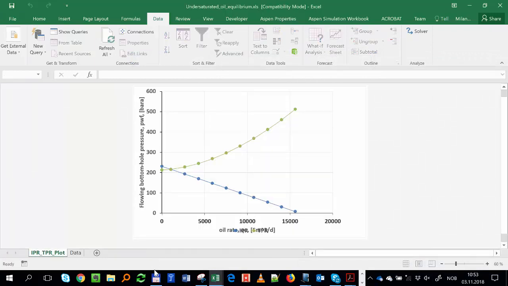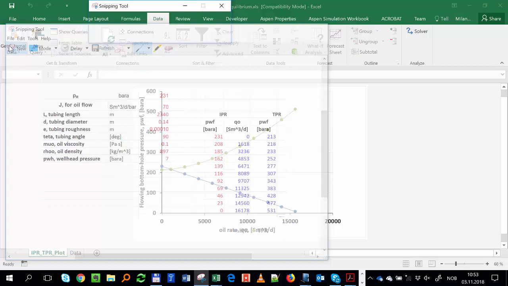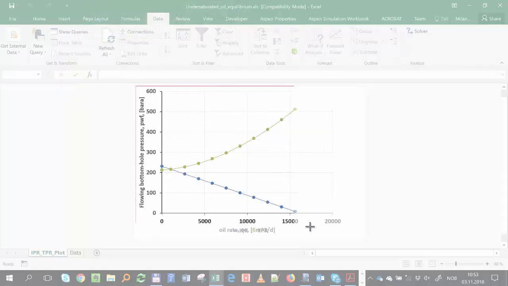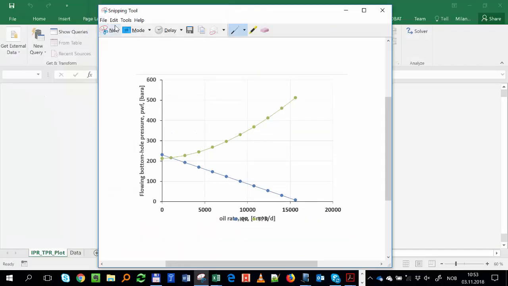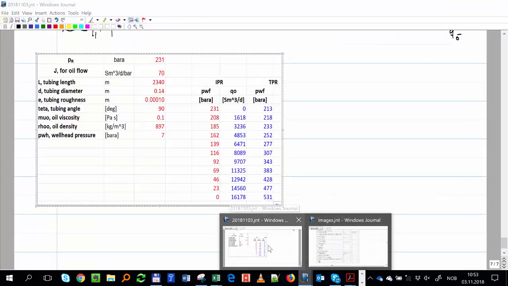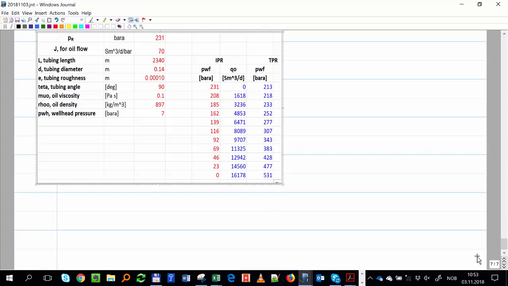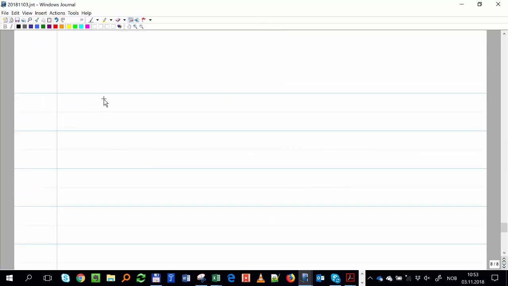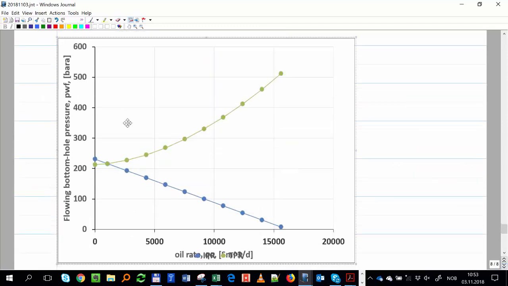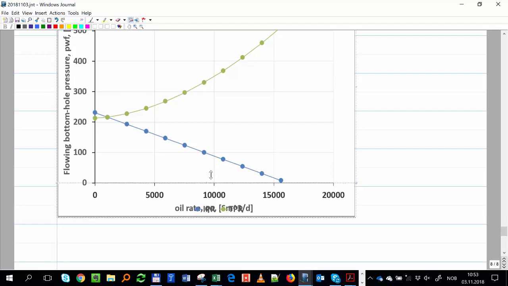So now, by looking at the plot, why do you think that these guys put 7 bar at the wellhead? Why do you think? Such a low pressure. Okay, let's try if they use a more normal number.